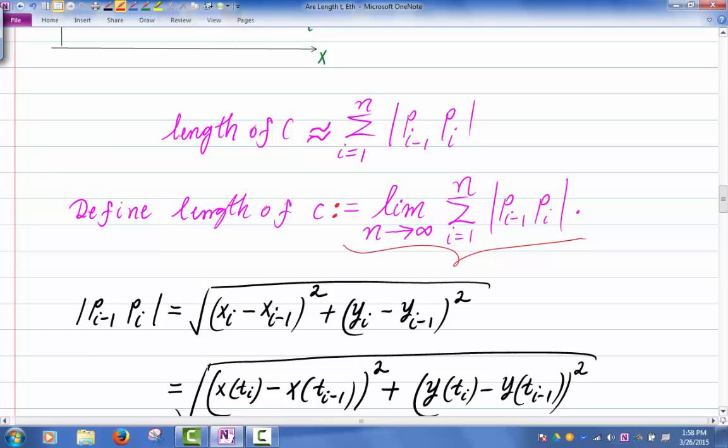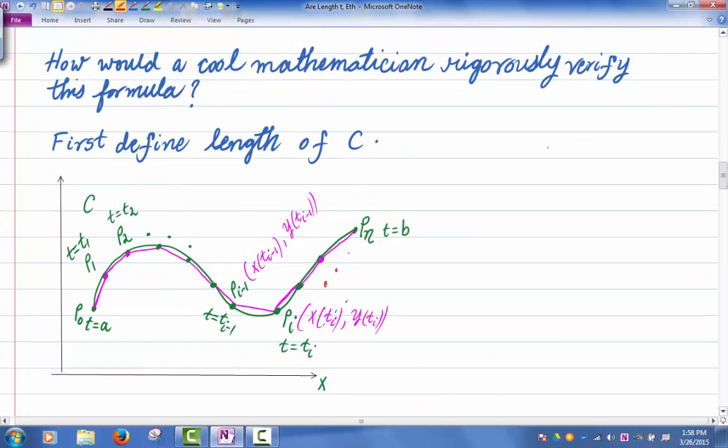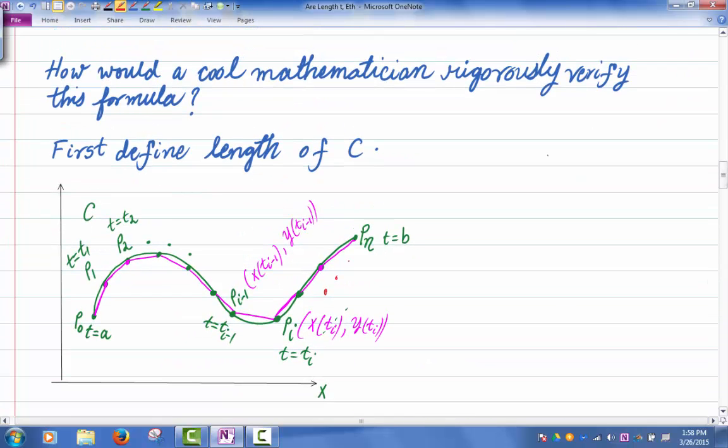But first of all, what's the length of the line segment between P_{i-1} and P_i? What is P_i? Remember, P_i was achieved at the time t_i. So what are the coordinates of P_i? The coordinates of P_i would be x of t_i and y of t_i, right?